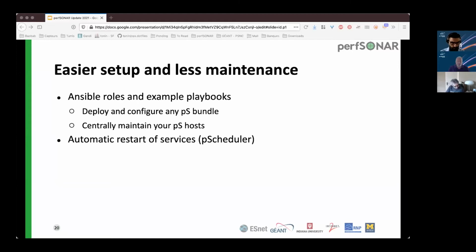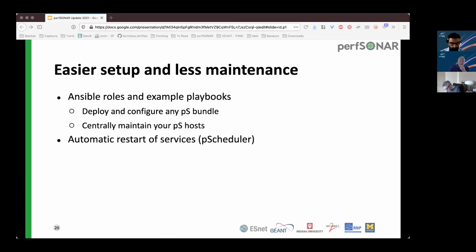We have worked on improving the setup and the maintenance of perfSONAR through the new Ansible roles and example playbook. So now you have an example playbook that you can extend and take as a starting point to deploy your perfSONAR host, to maintain your perfSONAR hosts in the long term, and to reinstall it and add more nodes to it very, very easily.